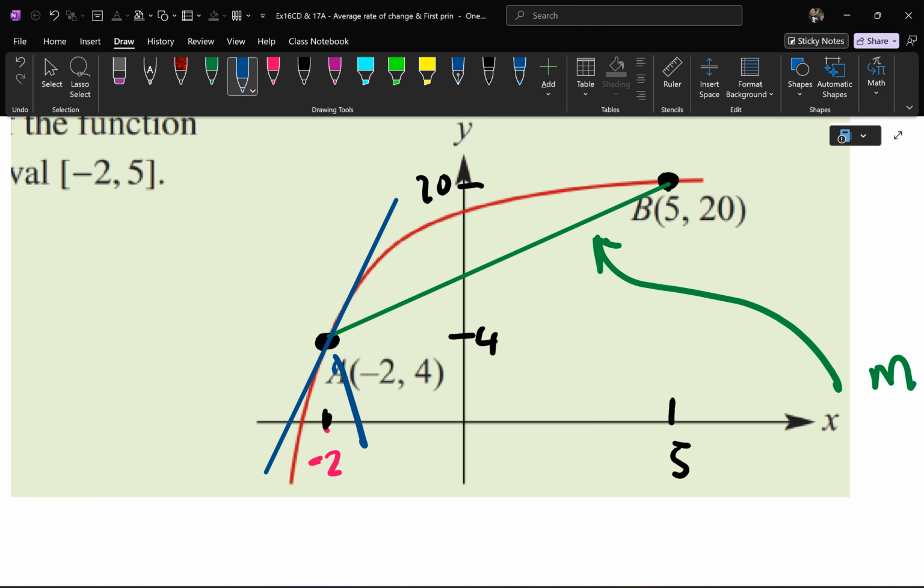When x equals -2, what is the gradient at that exact point? So you see the difference? One is the gradient at exactly one point, which is the tangent line. It's the tangent line, so the line that touches the curve only once on the surface.